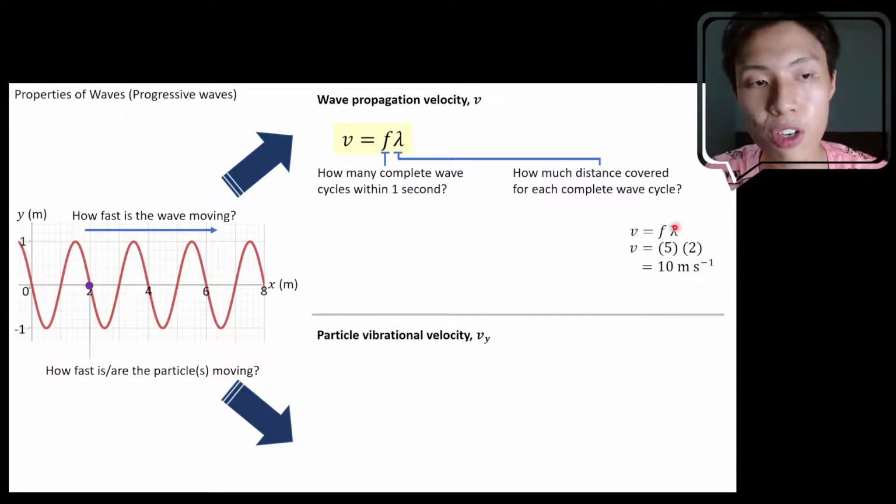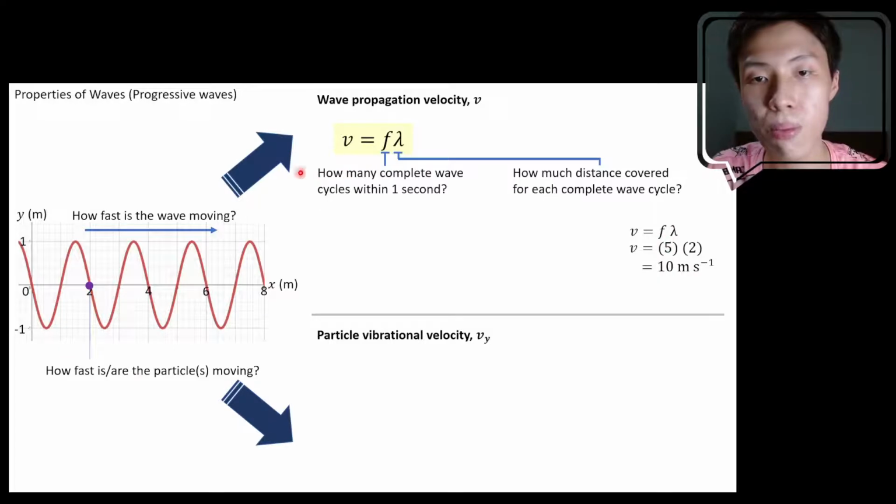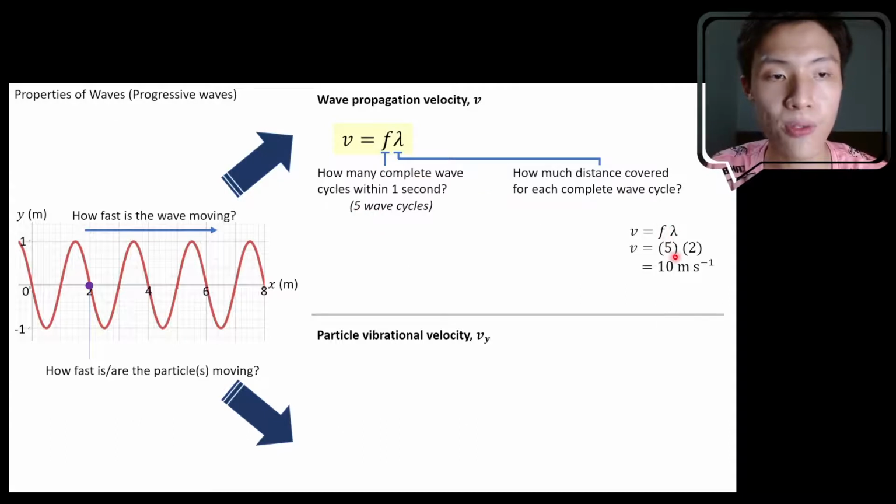Let's try to visualize this situation using a diagram. If you substitute 5 into the frequency, that means you can complete 5 complete wave cycles within 1 second. Frequency equals 5 Hertz means that you can complete 5 wave cycles within 1 second. That's the meaning of the frequency 5 Hertz.